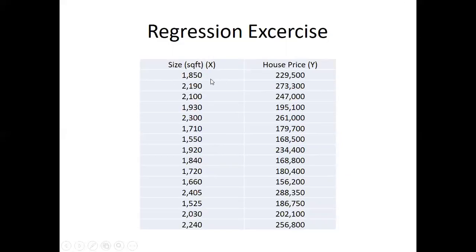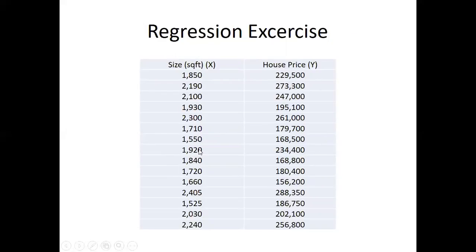If the house size is 1850 square feet, then the price will be 2,29,500 dollars.